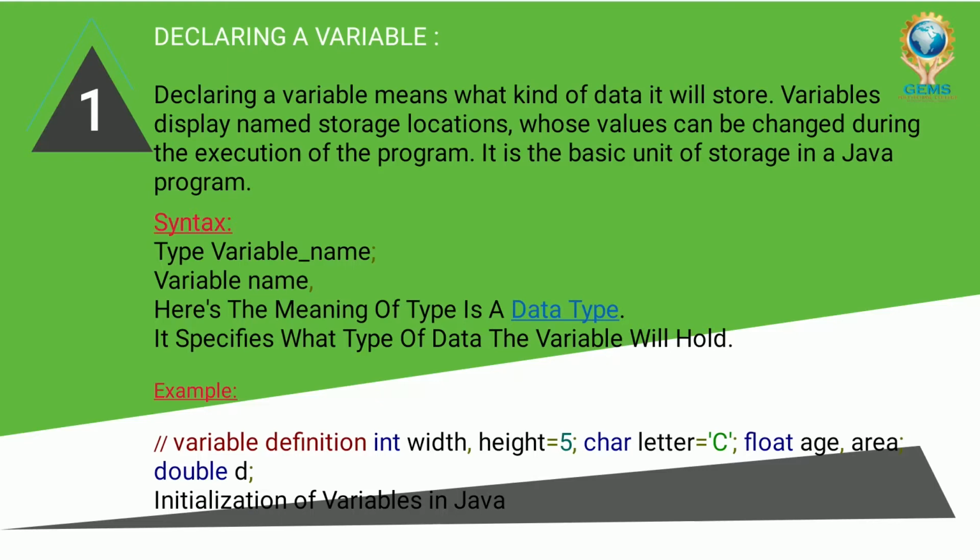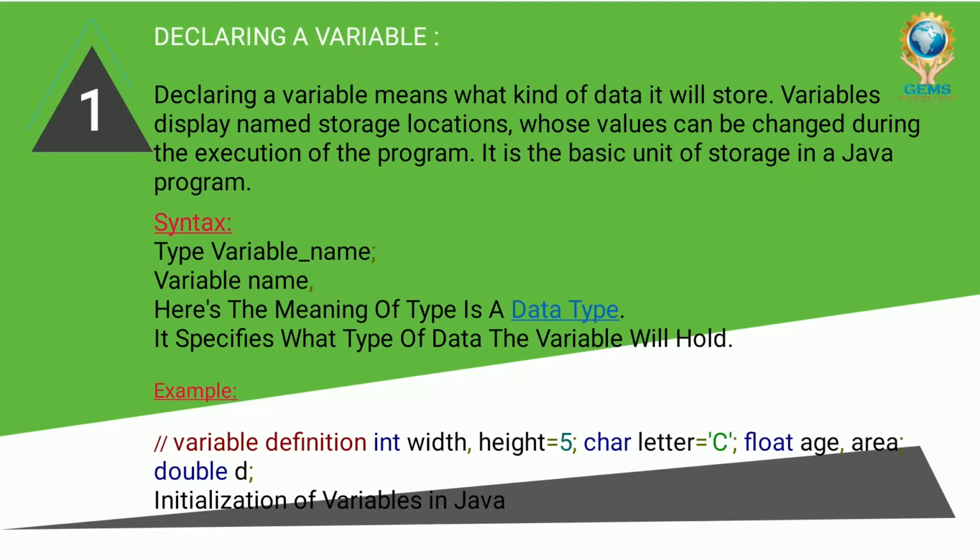This is a variable declaration. Double D is a variable declaration. Float A is a variable declaration. Char C is a variable declaration. Float age, area, these are variable declarations. All of you know about that.